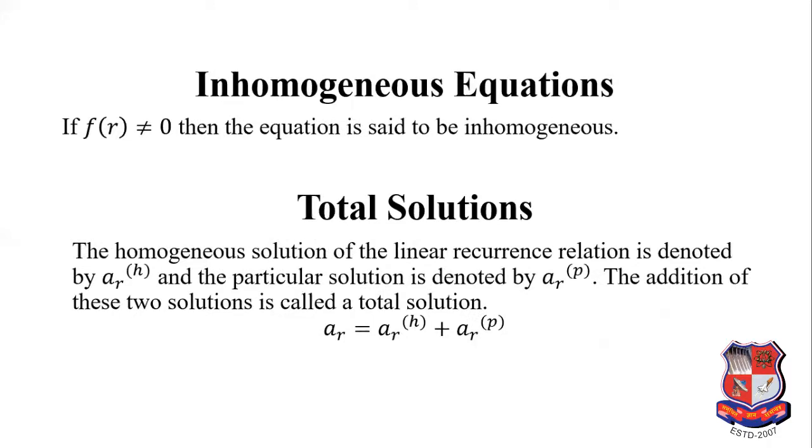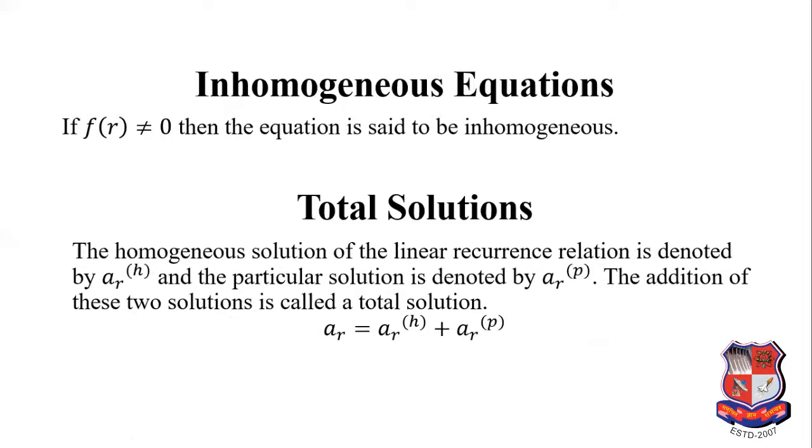Now, inhomogeneous equation. When the right hand side of the recurrence relation is non-zero, that is f of r is non-zero, then that equation is said to be inhomogeneous.